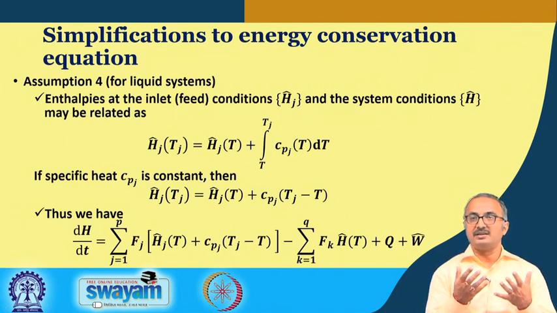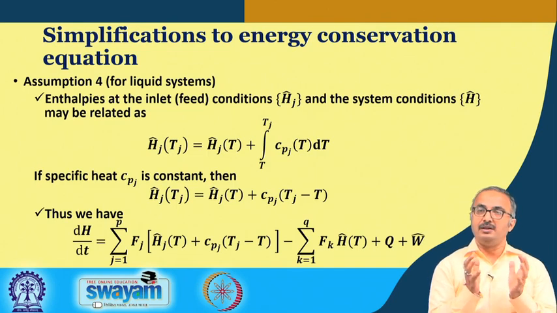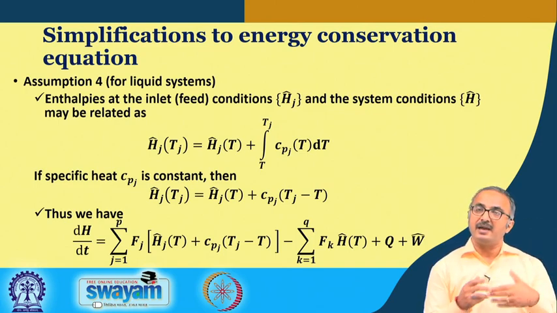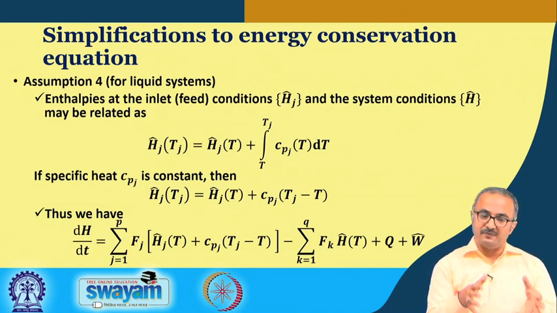You can see this like this: suppose you have some liquid in a particular vessel, and some liquid is coming from the outside. That incoming liquid may have a different temperature, and if we are stirring the liquid within the vessel, the whole liquid within the vessel can come to a single temperature.